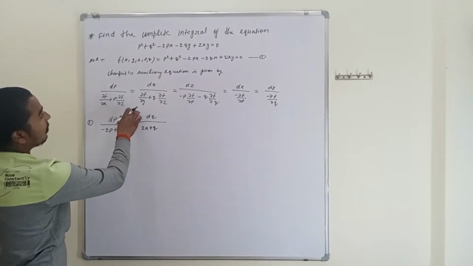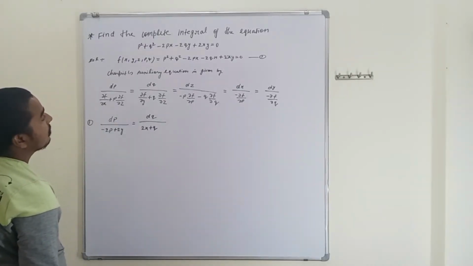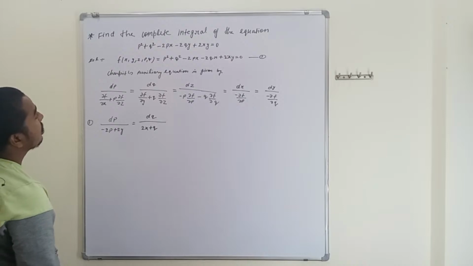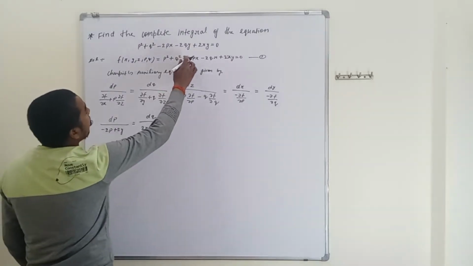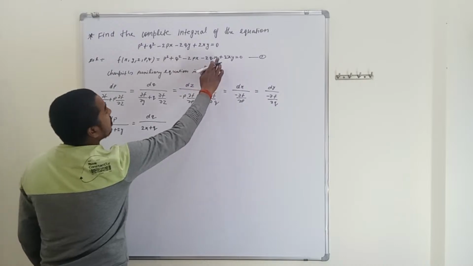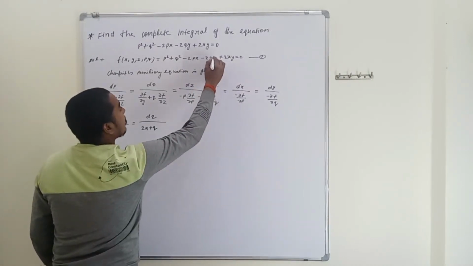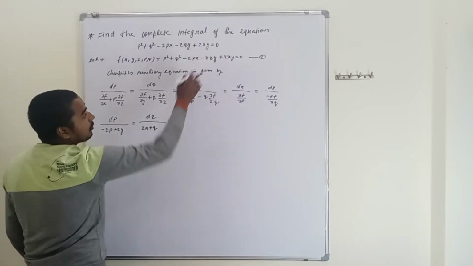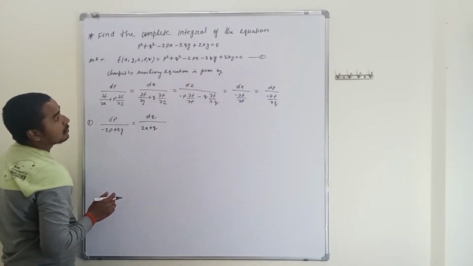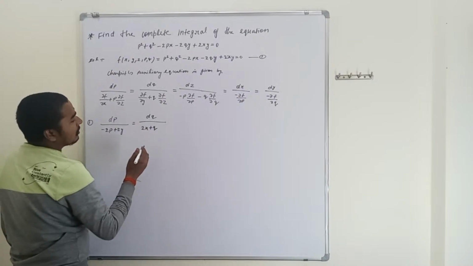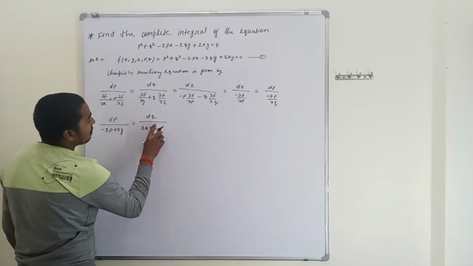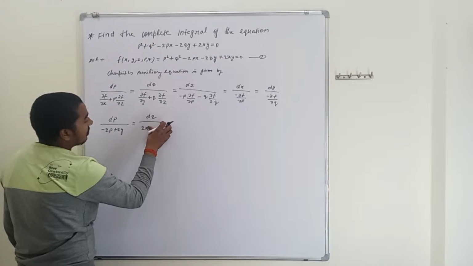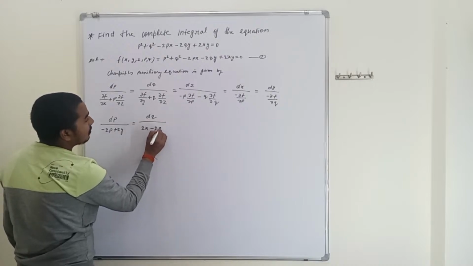Here is some mistake, this is minus 2qy. Differentiating minus 2qy with respect to y gives minus 2q.